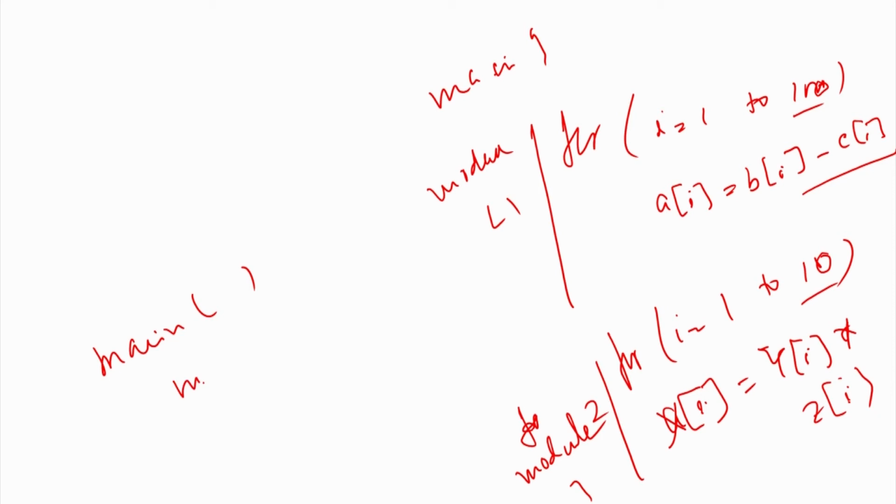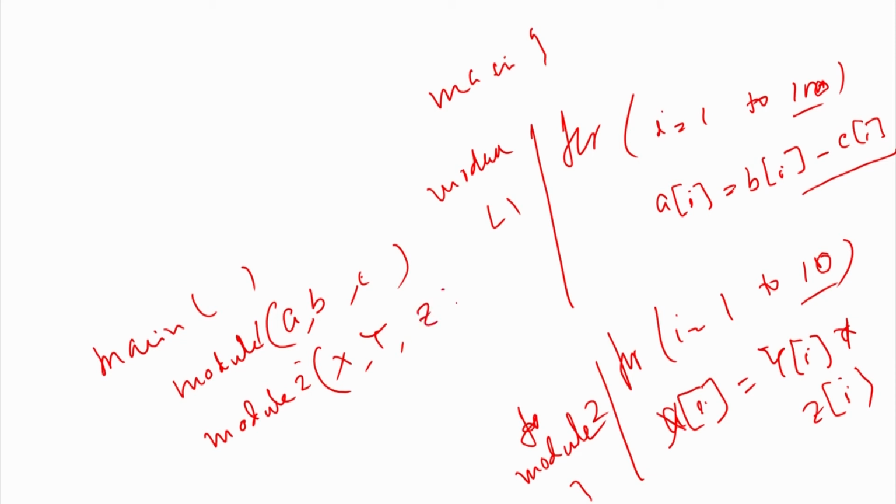So, you can just call module 1 with a, b and c, and module 2 with x, y and z, right.